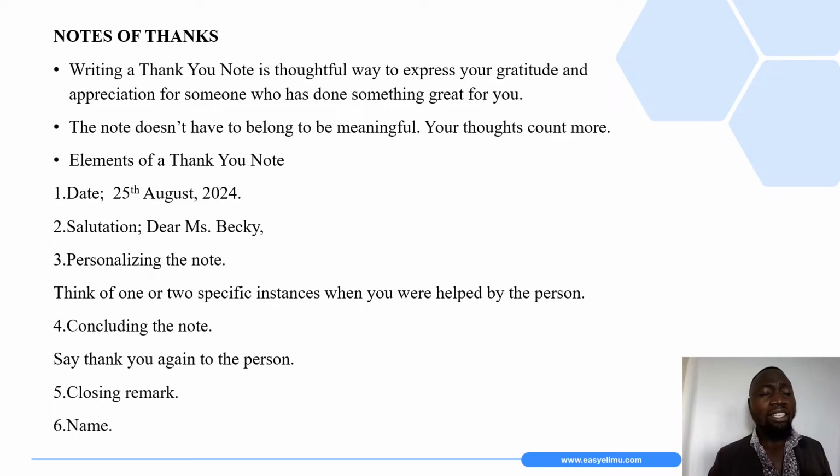So this means therefore that notes of thanks are notes that are written to express gratitude and to show appreciation for someone who has done maybe a favor for you. And another thing is that the note doesn't have to be long. When writing notes of thanks, they do not have to be long to be meaningful.